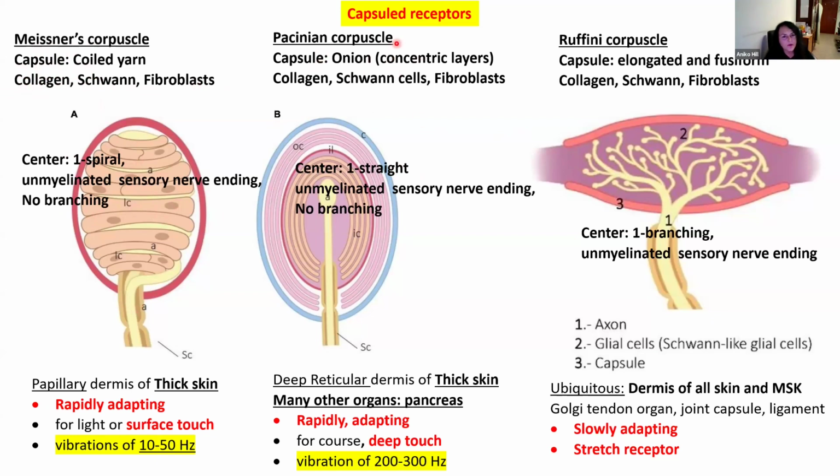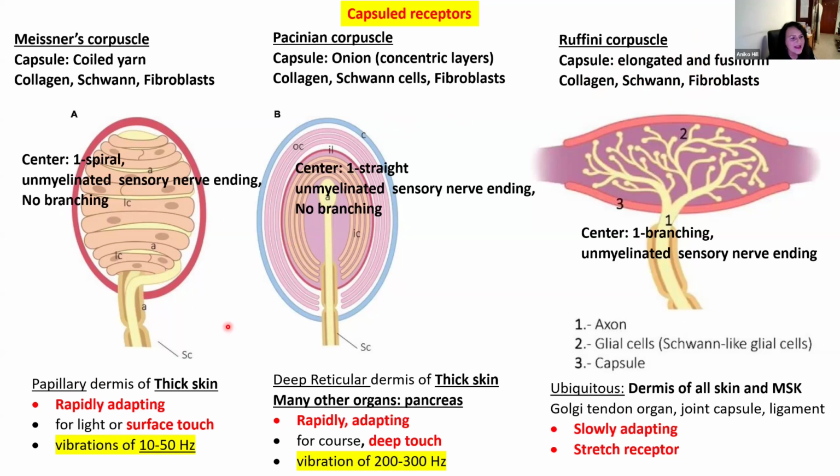The Pacinian corpuscle capsule looks like an onion in concentric layers, but again, it's made out of collagen, Schwann cells, and fibroblasts. And the Ruffini corpuscle capsule looks elongated, fusiform or spindle shaped, again made out of collagen, Schwann cells, and fibroblasts. So these are the components of the capsule.